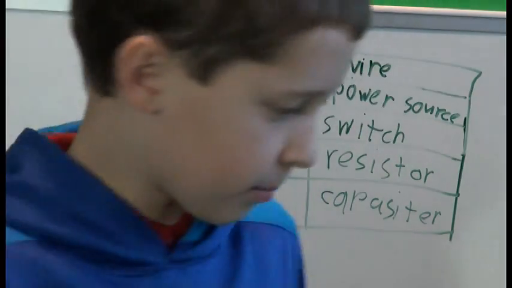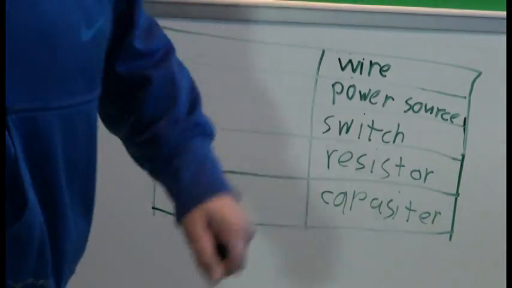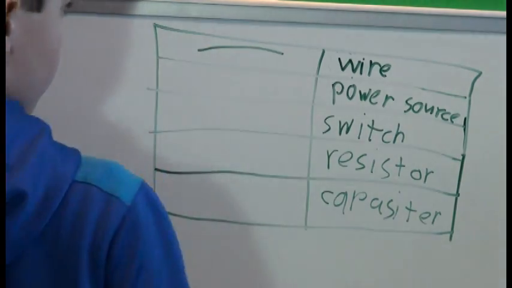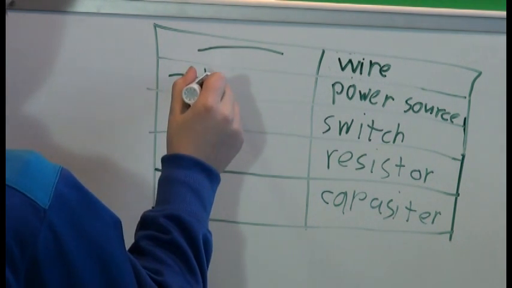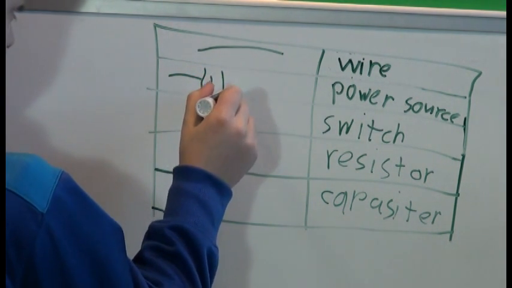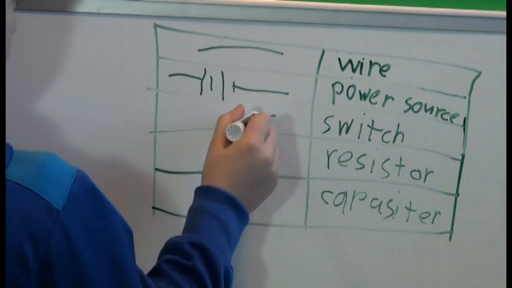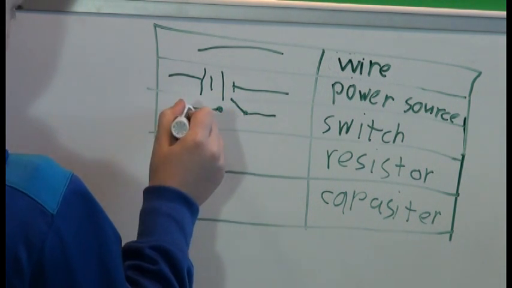Now, the symbols for these, if I can find my marker. Okay. The symbols for these: a wire, nothing special, just a line. A power source would be a long one, short one, long one, short one, and then connected. A switch would be like this, like so.